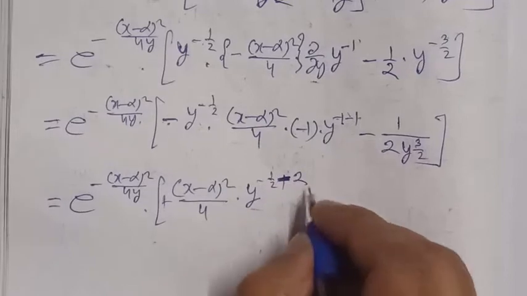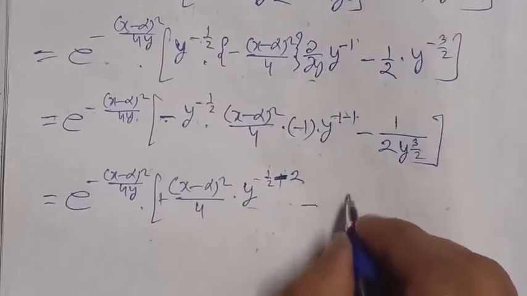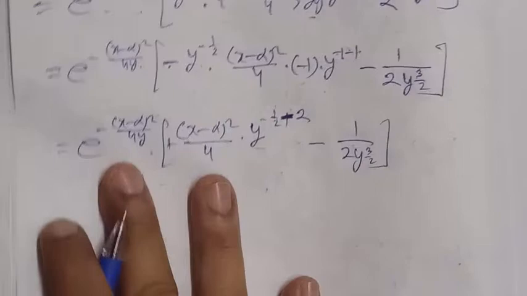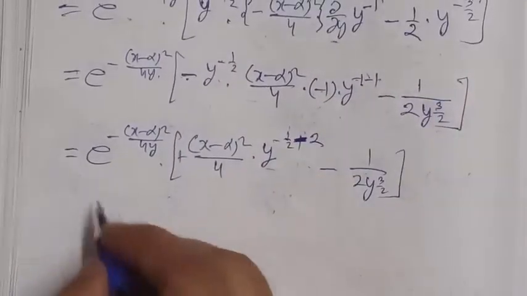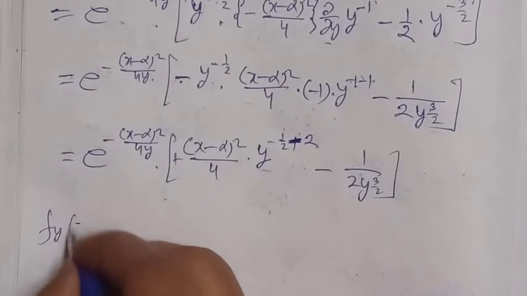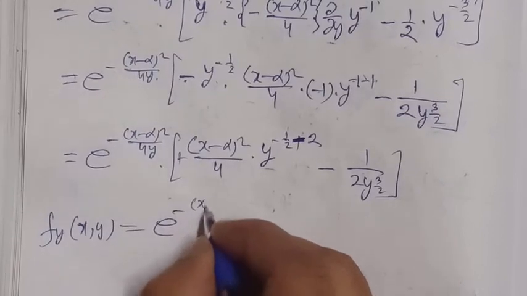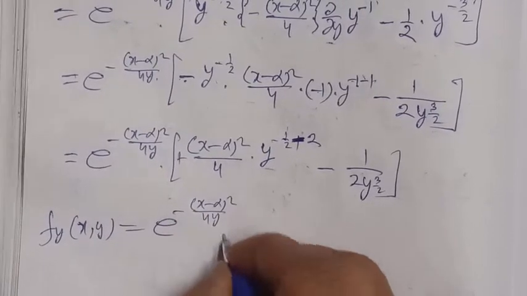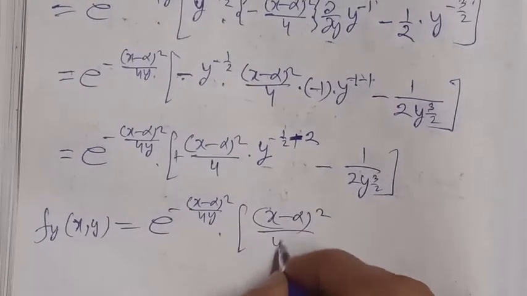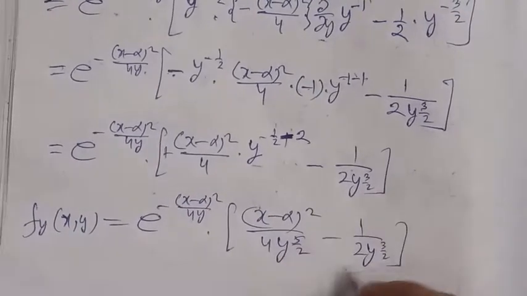Minus 1 by 2 and minus 2 becomes minus 5 by 2, minus 1 upon 2 y to the power 3 by 2, and we can also write it with the denominator. And this value f_y(x,y) becomes e to the power minus (x minus alpha) whole square upon 4y, times (x minus alpha) whole square upon 4 y to the power 5 by 2 minus 1 upon 2 y to the power 3 by 2.